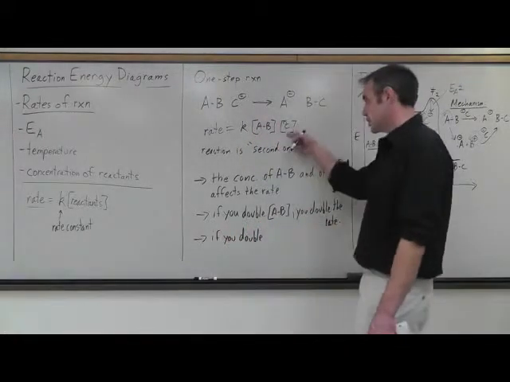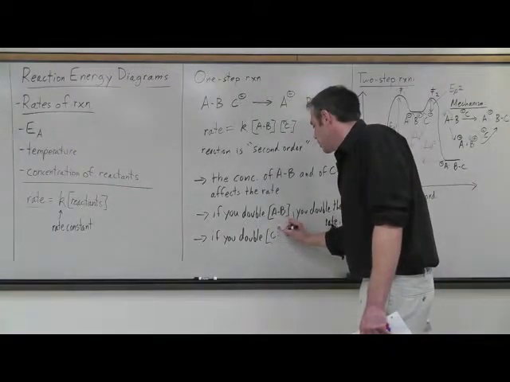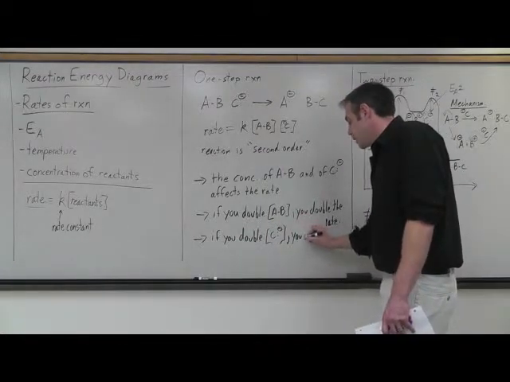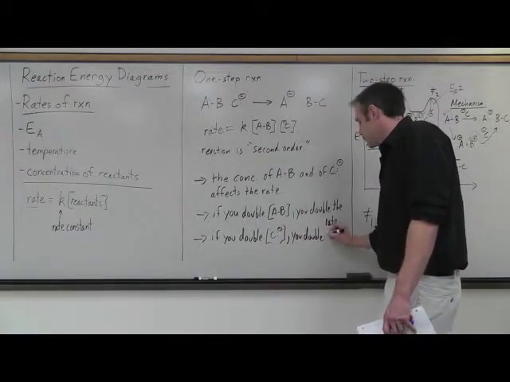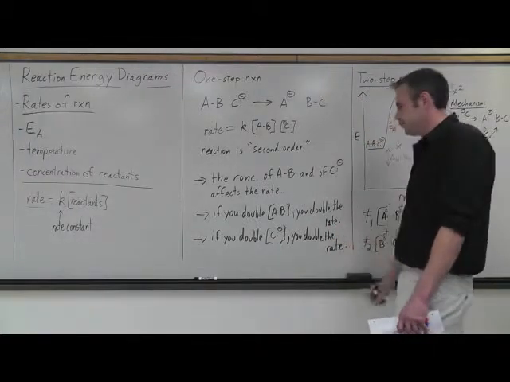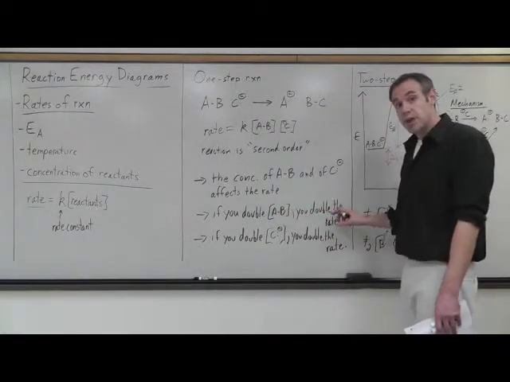And logically, since anion C is also involved, if you double the concentration of anion C, you will also double the rate. Likewise, if you tripled this concentration, you would triple the rate.